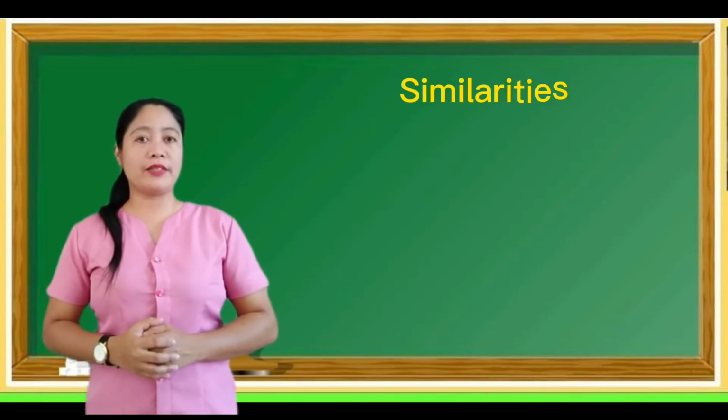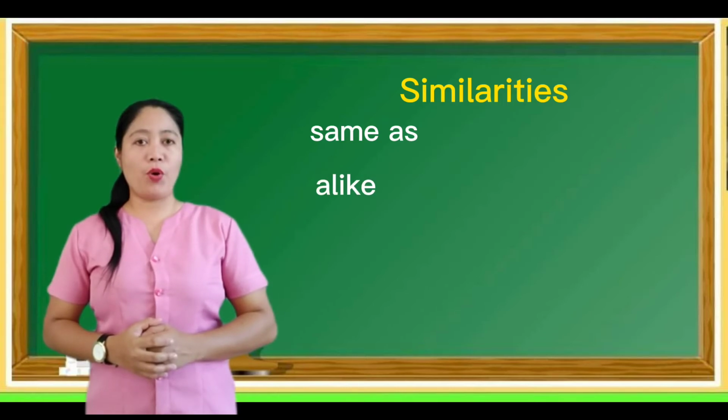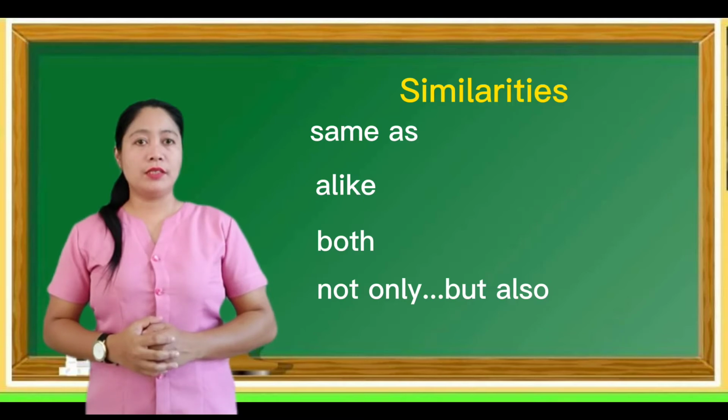To show similarities, here are the signal words or phrases you can use. Examples: same as, alike, both, not only, but also, similar, as well as, and instead of.